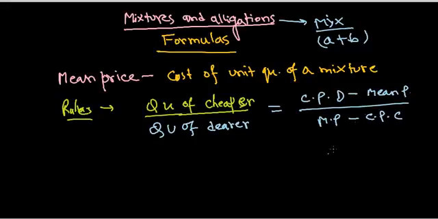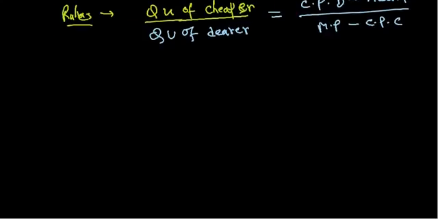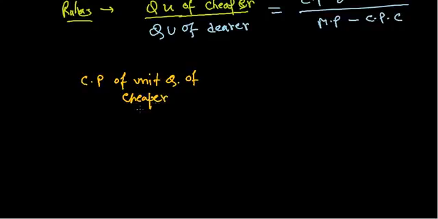Okay, so that's it. And in this case, we present this as the cost price of a unit quantity of the cheaper. If I write it slightly like this: let's say the cost price of a unit quantity of the cheaper product is small c.